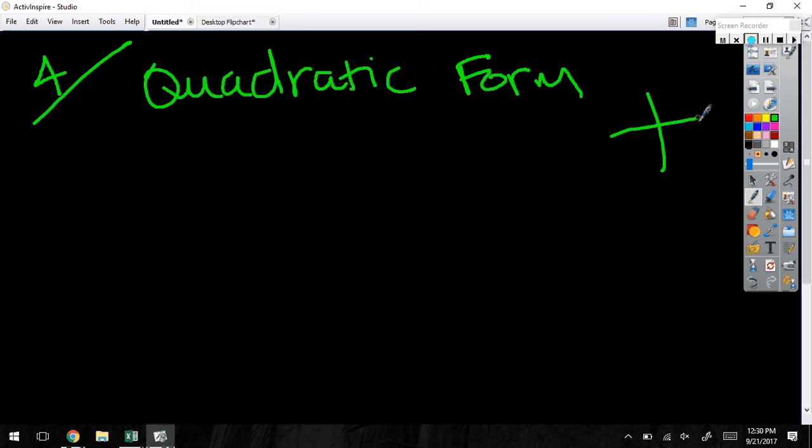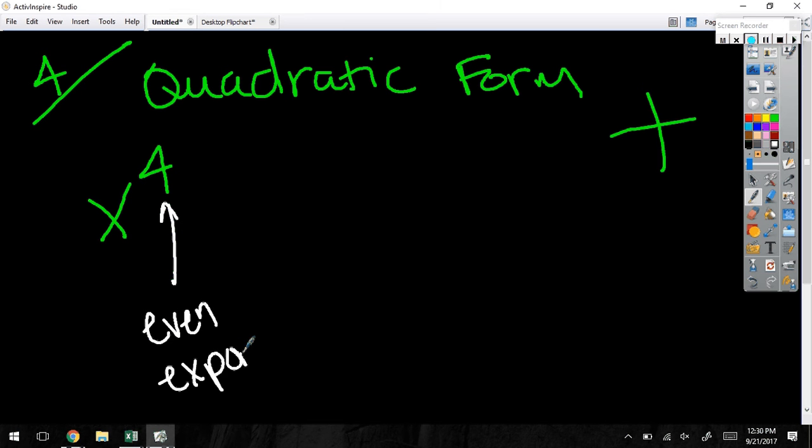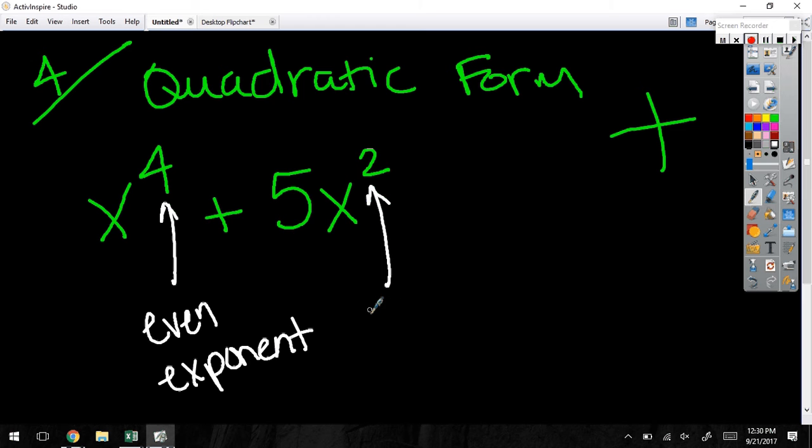And quadratic form basically means that you have an even exponent. The middle term, the exponent on the middle is half of the first.